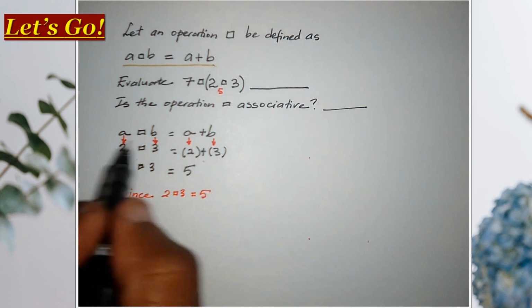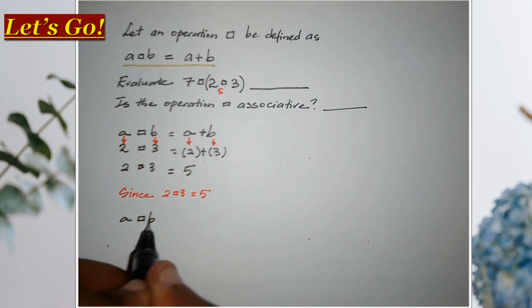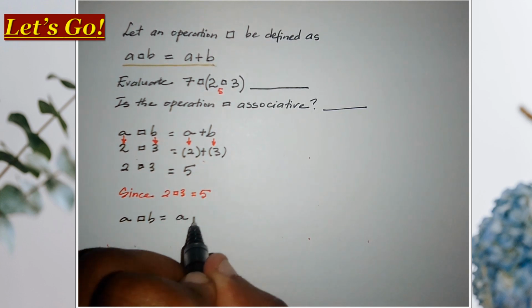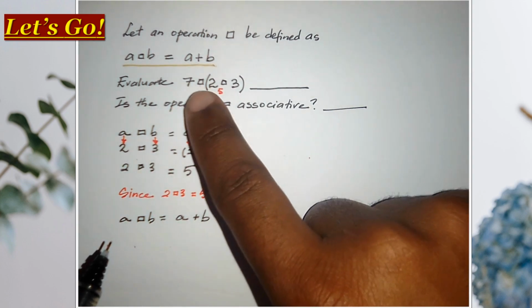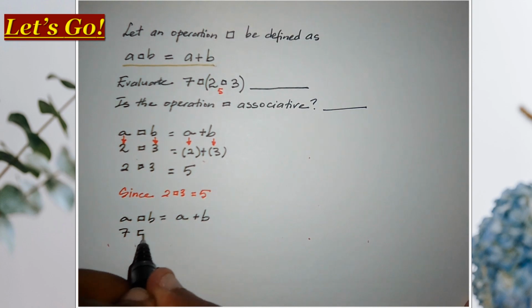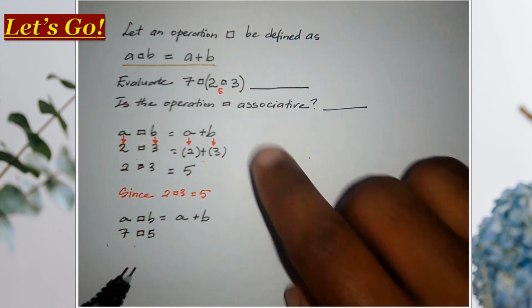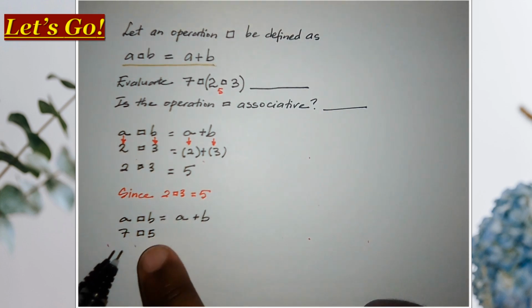So I'm going to start off with the original binary operation, the function, the whole process. And now I'm going to work out 7 box 5. Notice that the 5 came after the box, so I have to put the 5 behind the box.